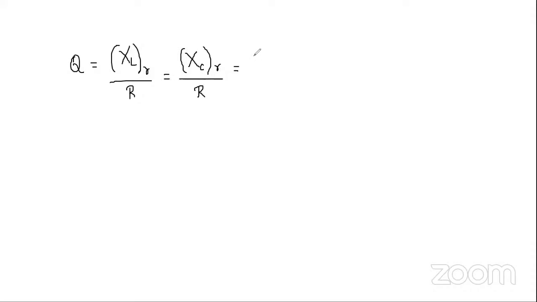So this will be 2 pi FR into L divided by R. This is equal to 1 by R into root of L by C. So this is another equation for Q factor.